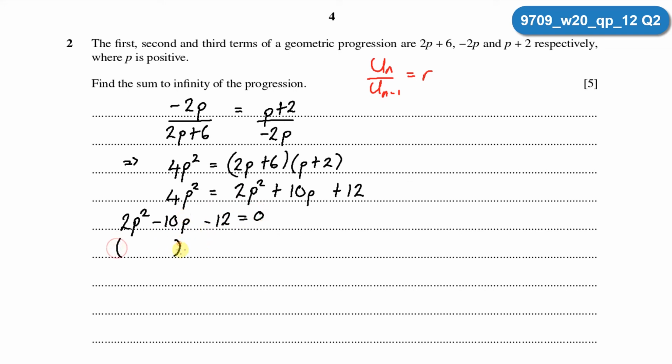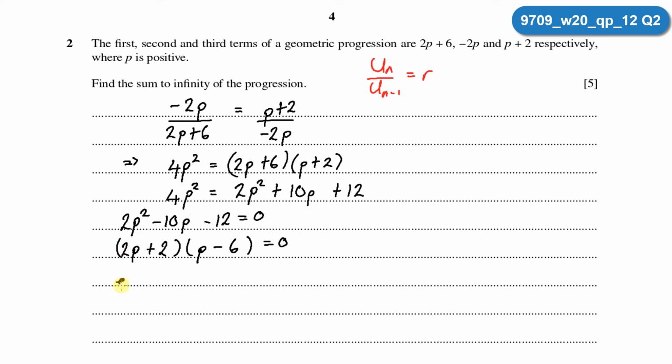And here we can factorize, and we get 2p and p. Factorizing, the factors of minus 12 most appropriate here will be 2 and 6. So that's plus 2 and minus 6 here.